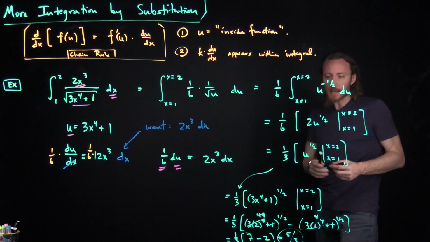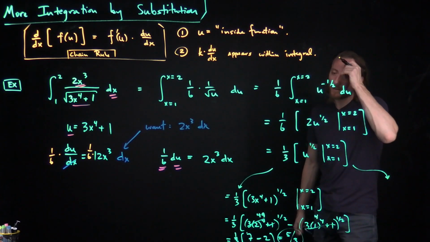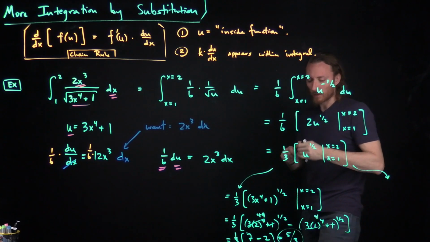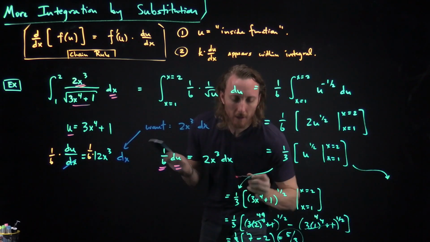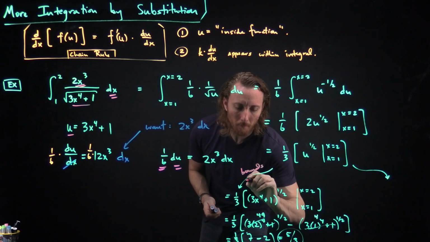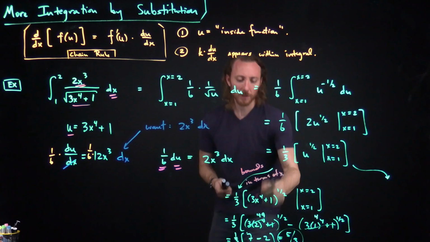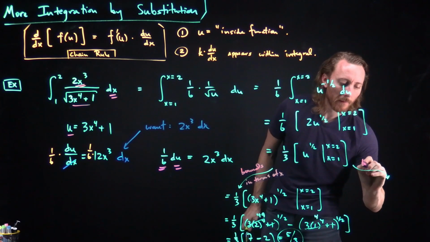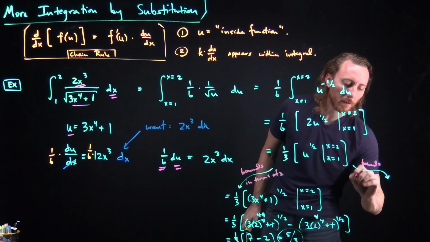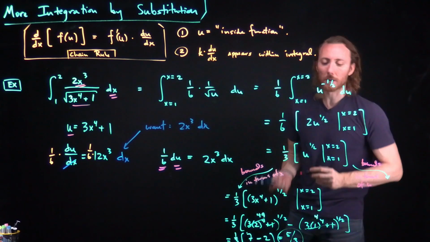What could be nice as an alternative route here would be, instead of using the bounds in terms of x, which is essentially what we did over here, to convert our bounds to be in terms of u. You'll see, we'll save ourselves one step.